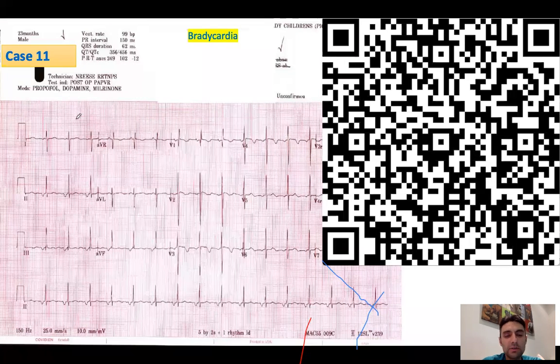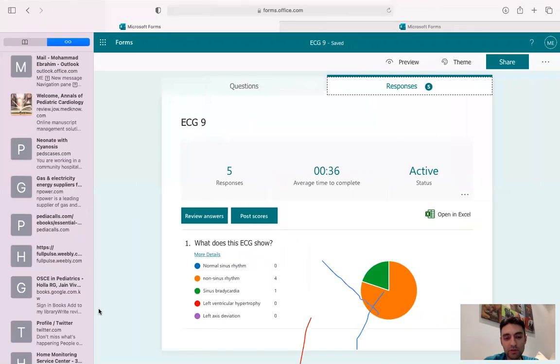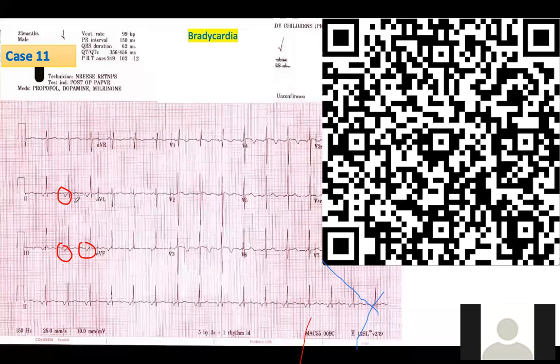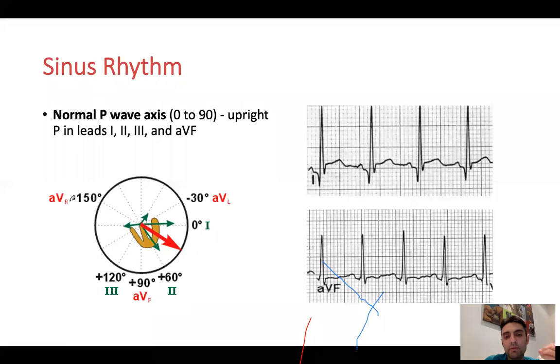This is the teaching point here: the P waves are definitely inverted, right? Sinus P wave means, of course, the atrial activation is coming from the sinus node, which is located at the upper right atrium between the SVC and the atrial appendage.